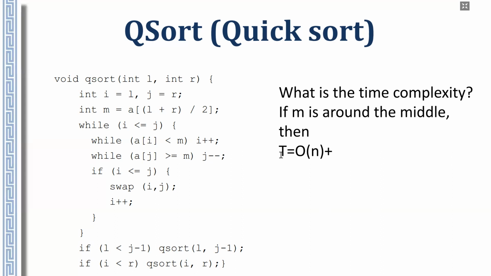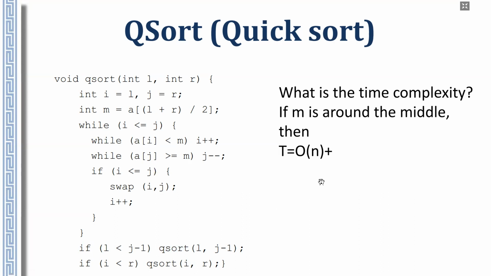On the first pass, pointers i and j are moving from left to right until they meet. So they are passing the whole array.